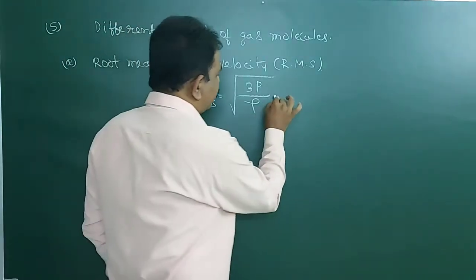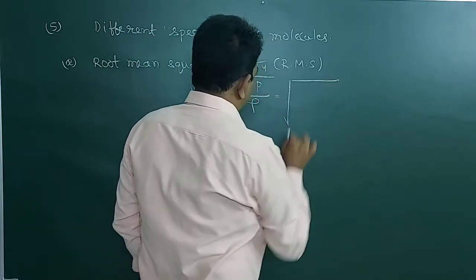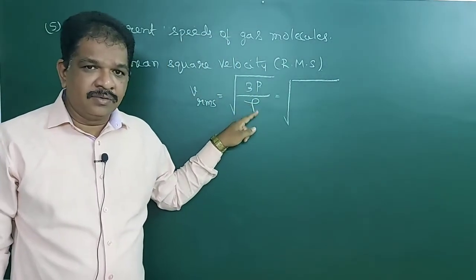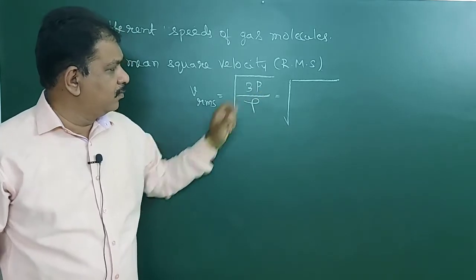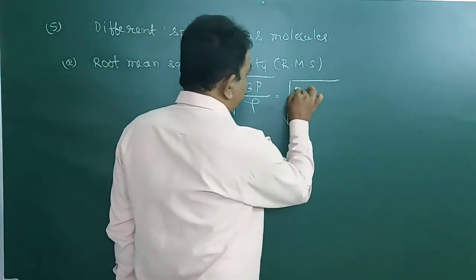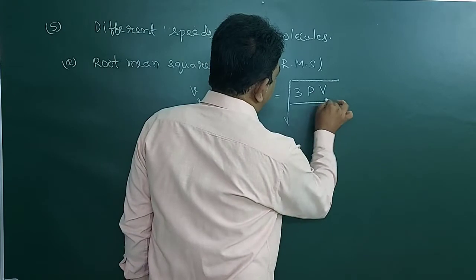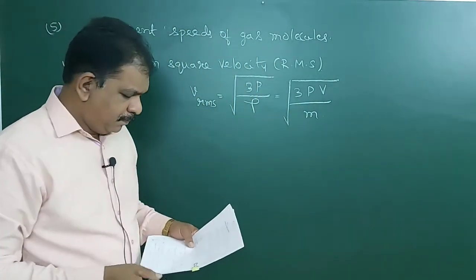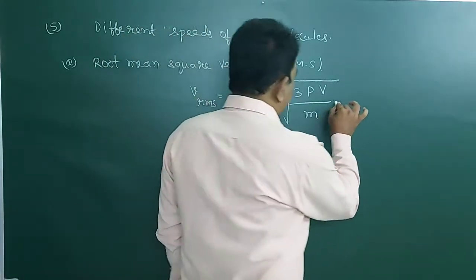So this value is square root of 3p by rho, where rho is density, equal to mass by volume. Then volume will come to the numerator: 3 PV by small m. Okay, PV is equal to nRT.